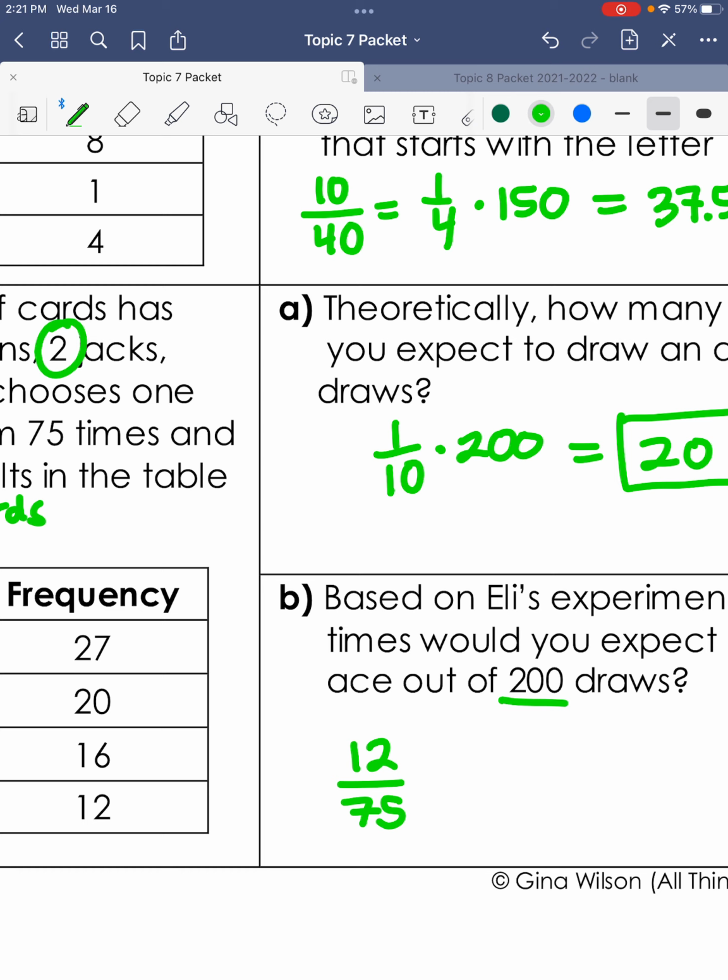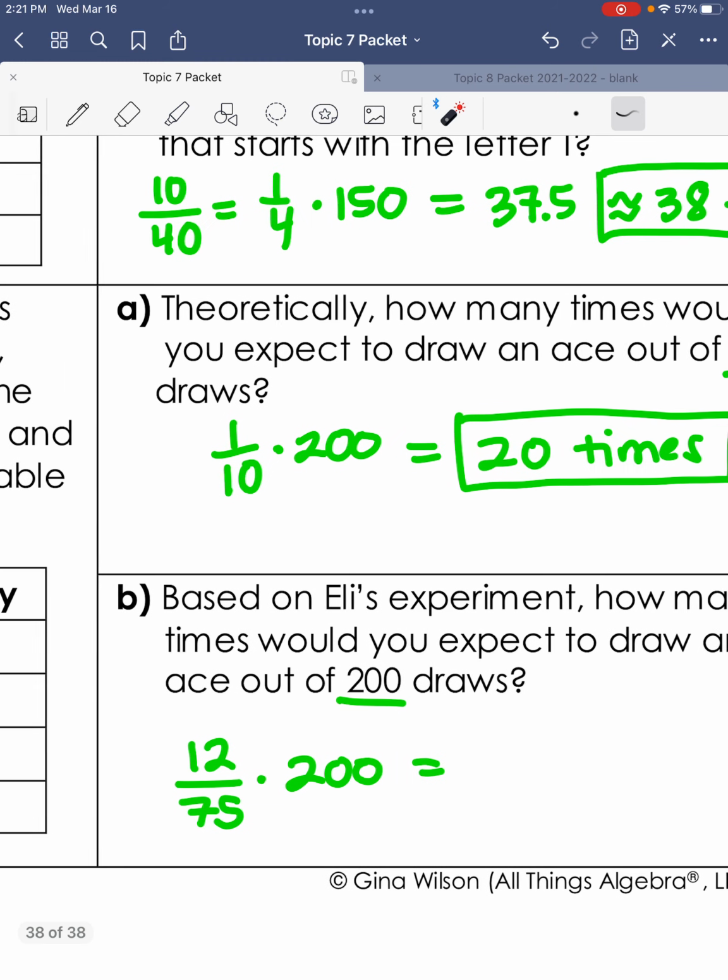So we're going to multiply that times 200. So the way I put that into my calculator is 12 divided by 75 times 200. And I get 32. So 32 times.